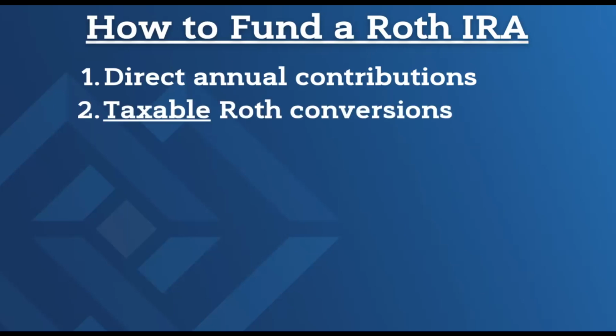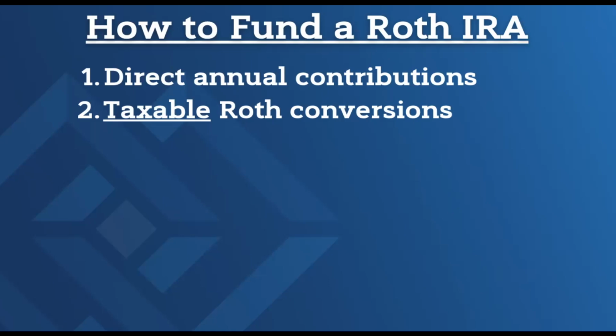The second way is to implement taxable Roth conversions, which is moving pre-tax funds from a traditional retirement account, such as a traditional IRA, into the Roth IRA, with the converted amount included in taxable income in the calendar year it was converted. Unlike direct contributions, there are no limits or household income requirements for implementing Roth conversions.